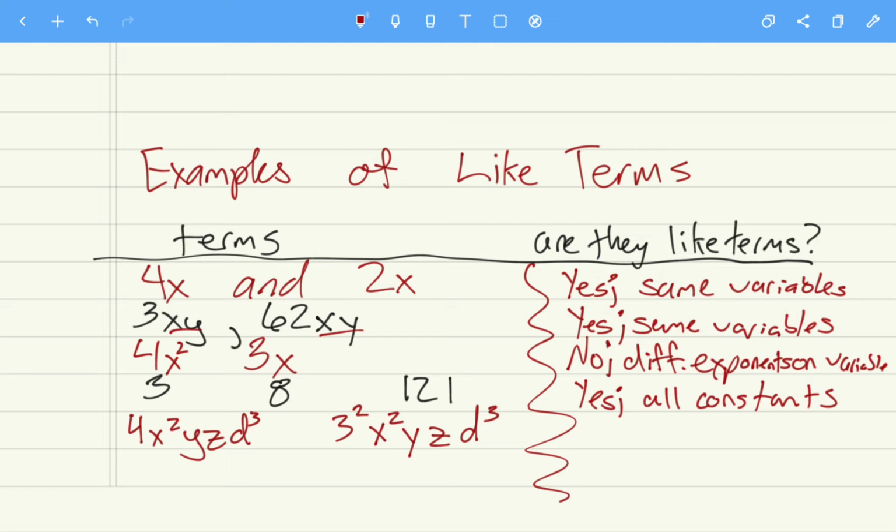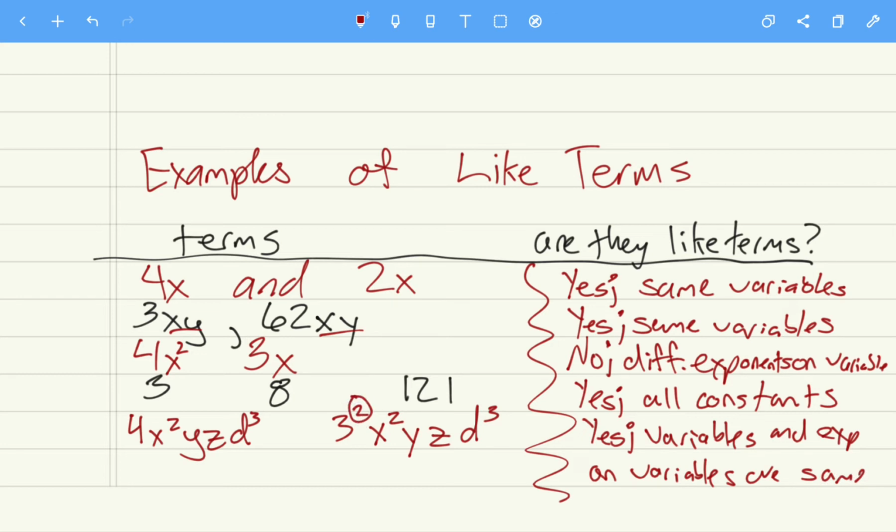Now let's look at this next one. This next one looks a little tricky. We have 4x squared yz d cubed and 3 squared x squared yz d cubed. Believe it or not, these are like terms because the variables and the exponents on the variables are the same.